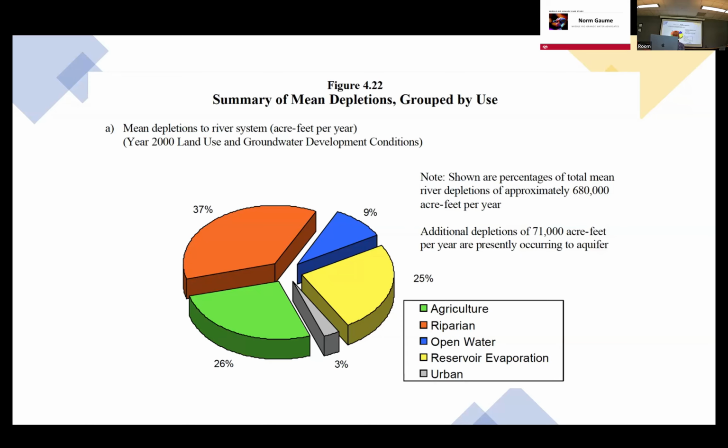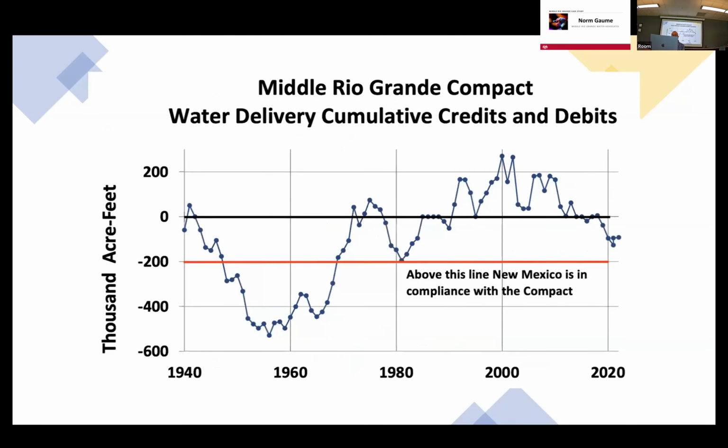So most of the water goes to uses that don't generate much economic output, and very little is used to basically create jobs and products and support the university and all of these sorts of things. So it's a relatively small slice.